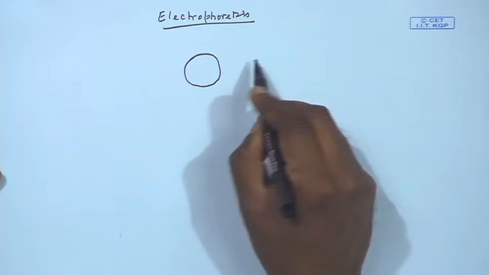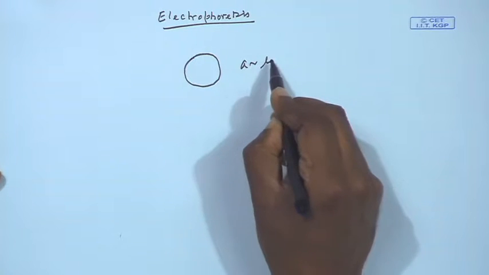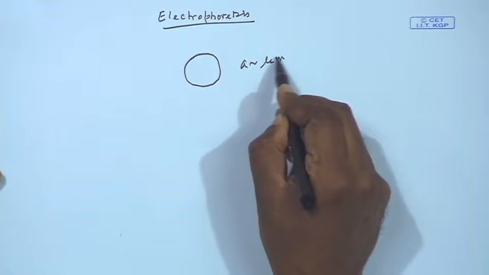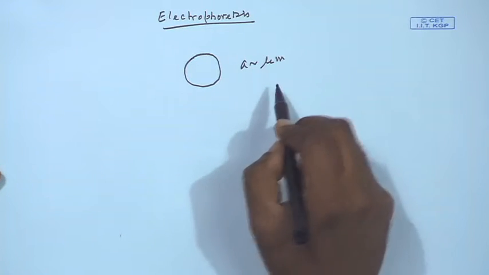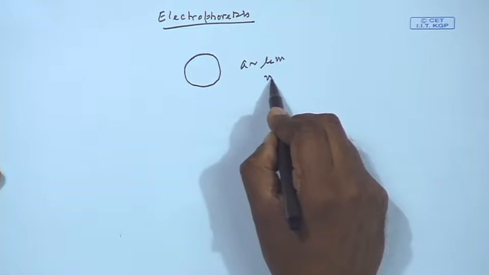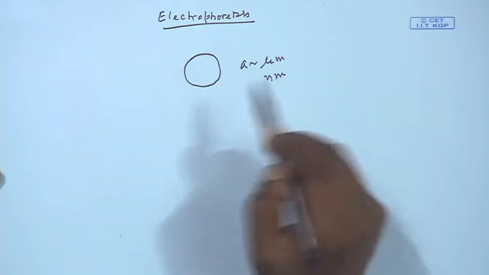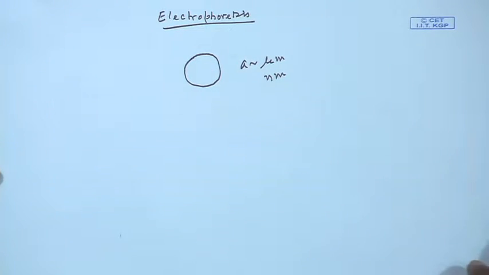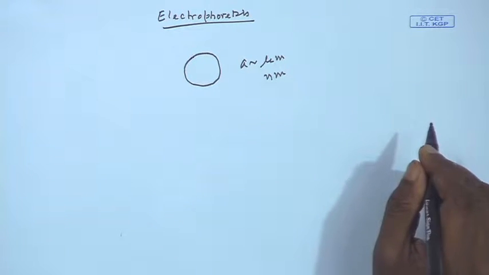Basically, these colloid particles have a size on the order of a few micrometers, or maybe even a nanometer scale. We can treat this kind of rigid particle as a spherical particle.